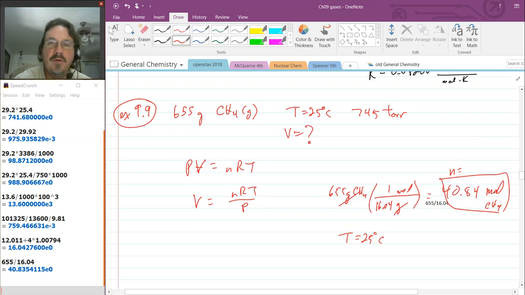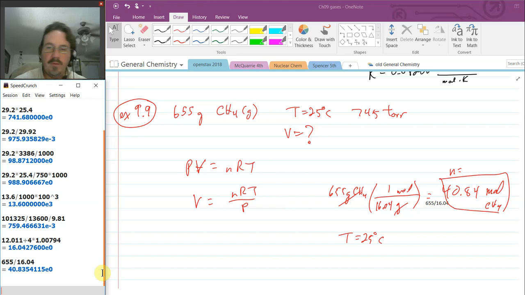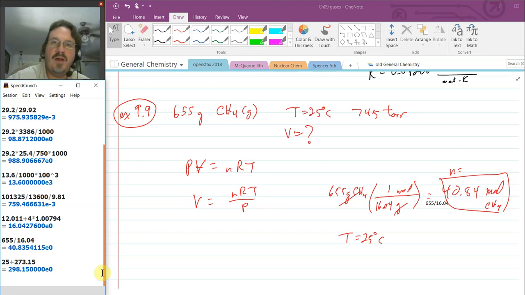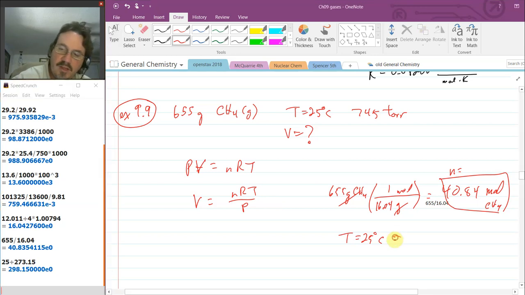Can't leave it there. Got to go to Kelvin. So how do I convert to Kelvin? We add 273.15. So 25 plus 273.15 is 298.15. There's something that you'll probably get used to seeing quite a bit. 298 Kelvin is about room temperature, 25 degrees Celsius.